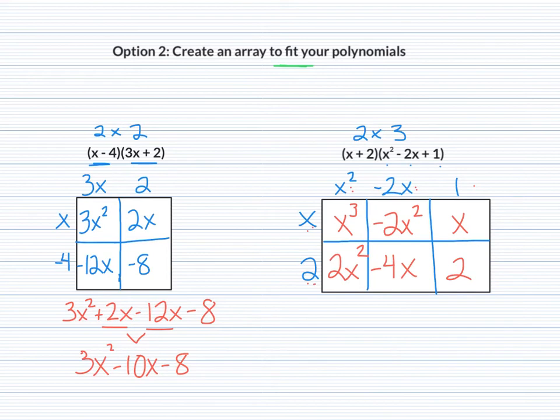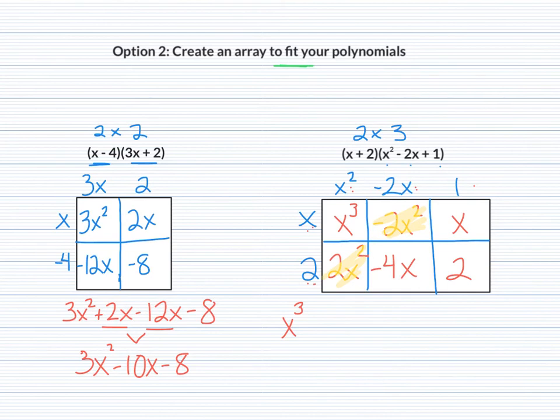Okay, so once again, I'm going to write these out. For these ones, you should put them in standard form. So we'll start with the biggest exponent, x to the third. Okay, now I'll take my next biggest exponents. So next up, I can see I have 2 x squareds right there.